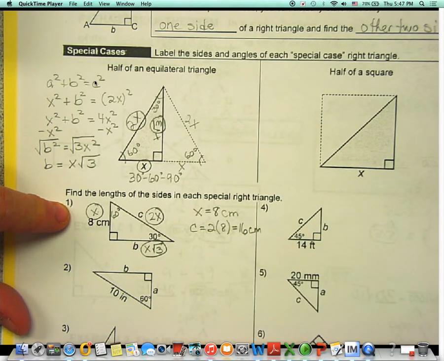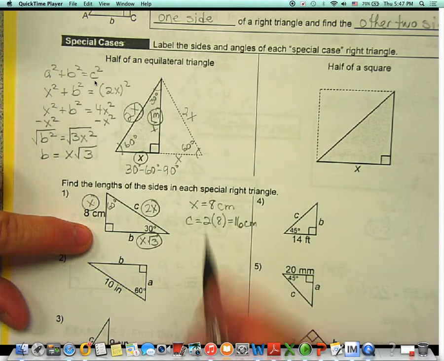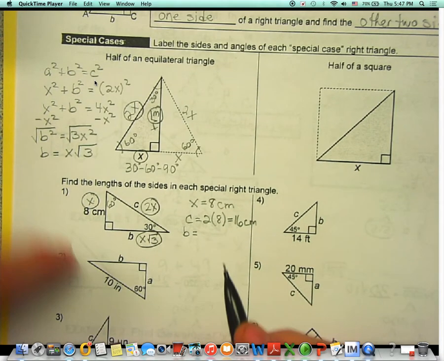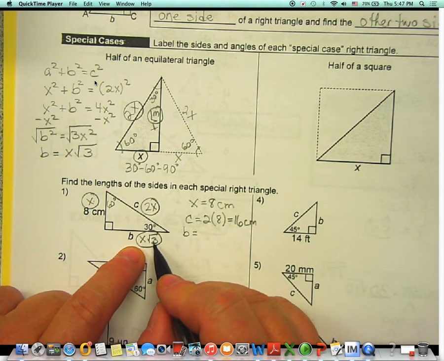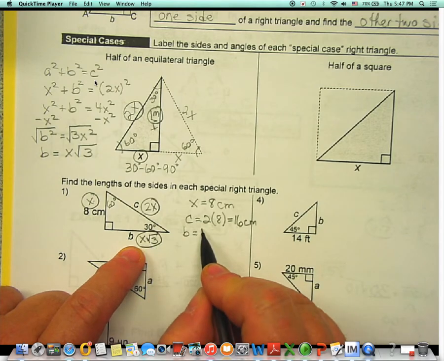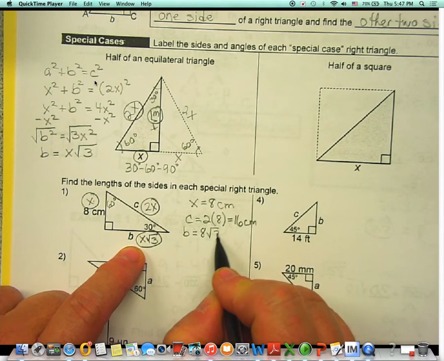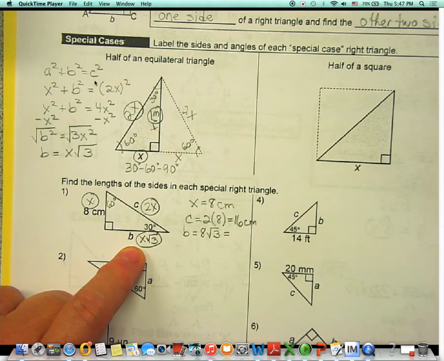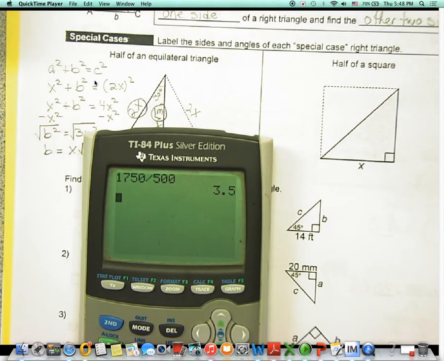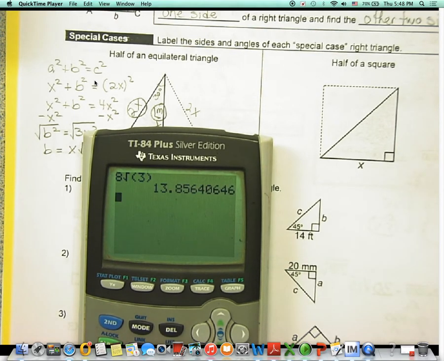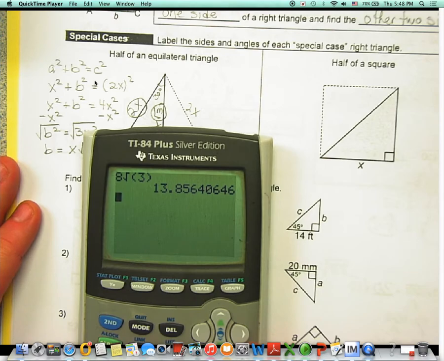They're both centimeters. Then we can find side b. Side b is x times the square root of 3, and since x is 8, we'll do 8 times the square root of 3. We can find the decimal for that: 8 square roots of 3 is 13.86.